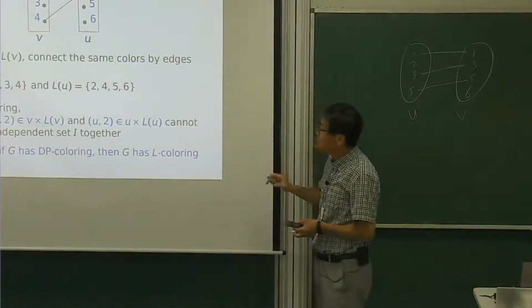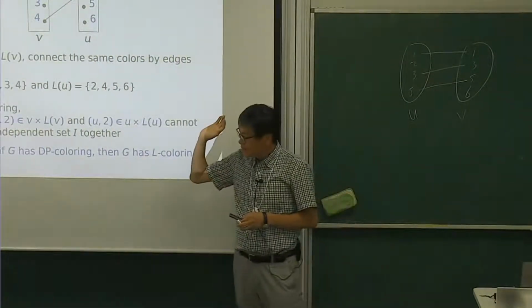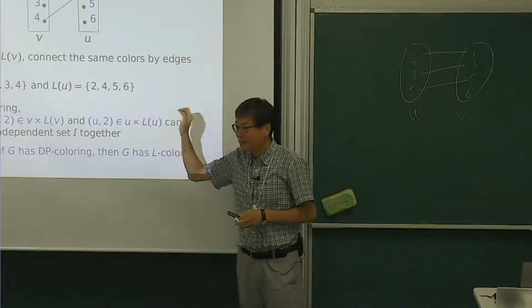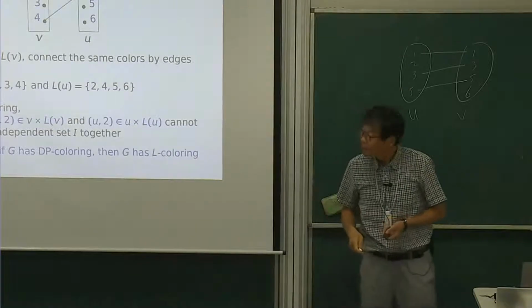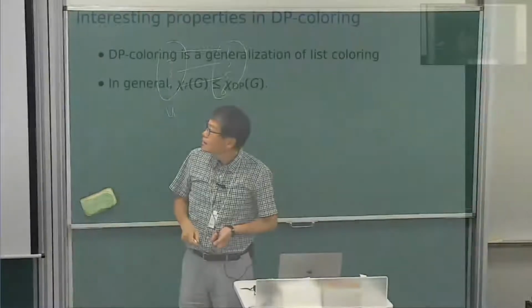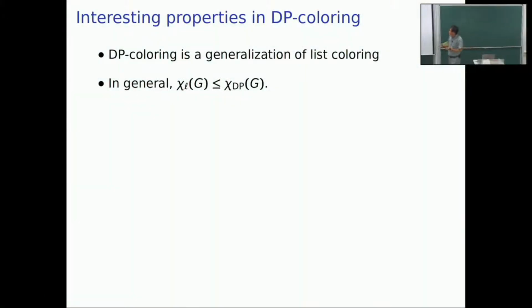So here, if this is DP colorable, then it means it's L colorable. So in general, the DP-chromatic number is at least the choice number because it is a generalization of list coloring.